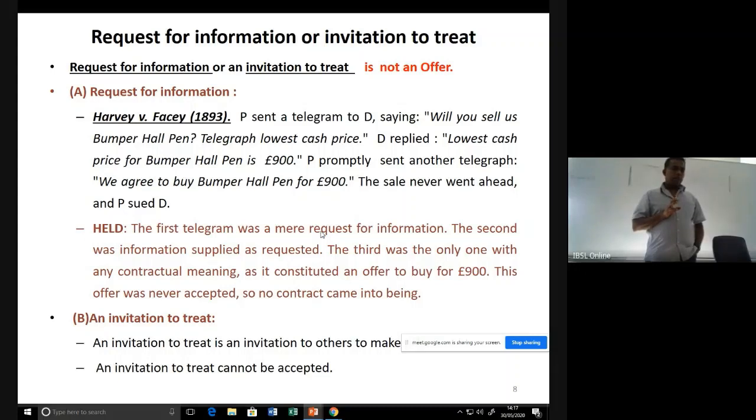He said, will you sell Bumper Hall Pen? Bumper Hall Pen is a name, a farm. So, will you sell Bumper Hall Pen, and what is the lowest price? P wrote to D and asked this.